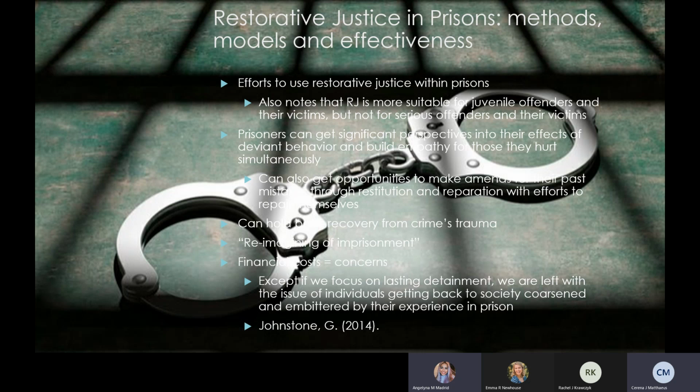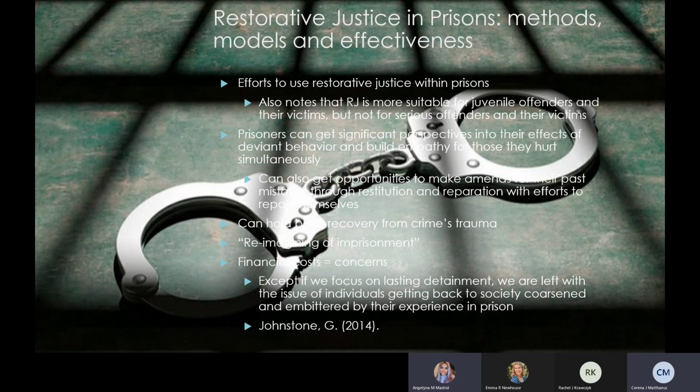They can also get opportunities to make amends for their past mistakes through restitution and reparation with efforts to repair themselves. And restorative justice has the potential to meet a lot of victims' needs, but if these are not met, then they can hold back recovery from crimes trauma.